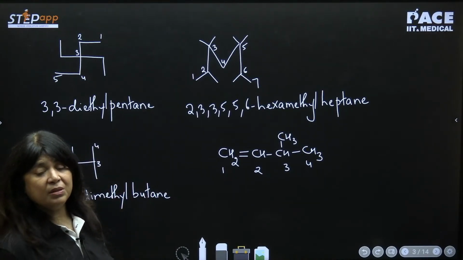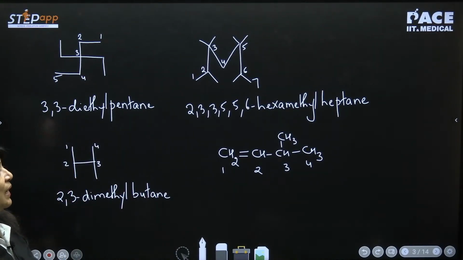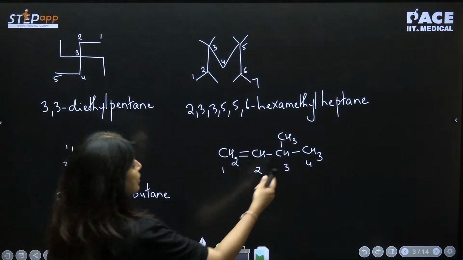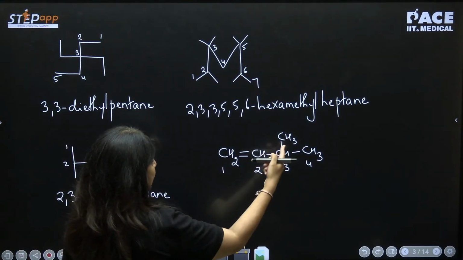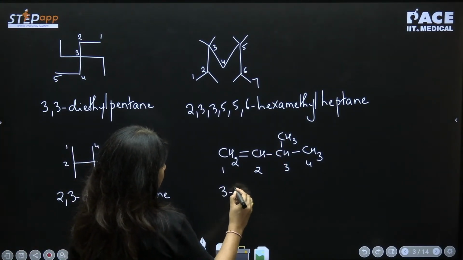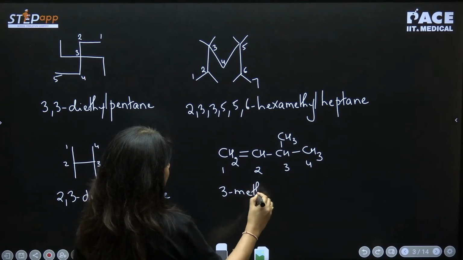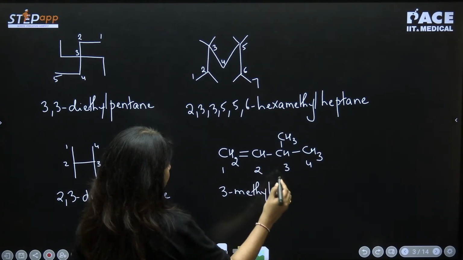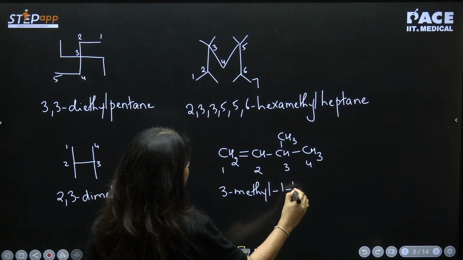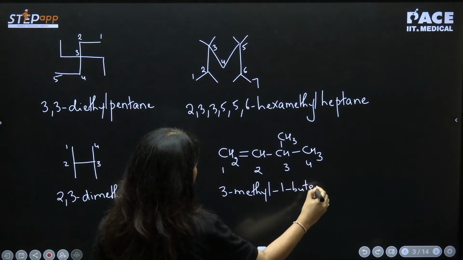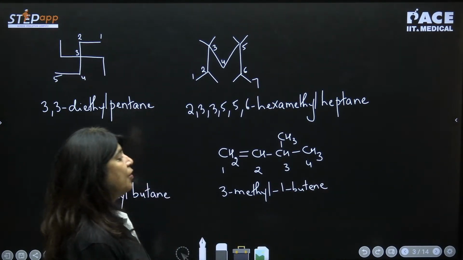So now let us name this compound. The substituent lies on the third carbon. So the secondary prefix is a methyl group, 3-methyl 1-butene, because the double bond is placed on the first carbon.